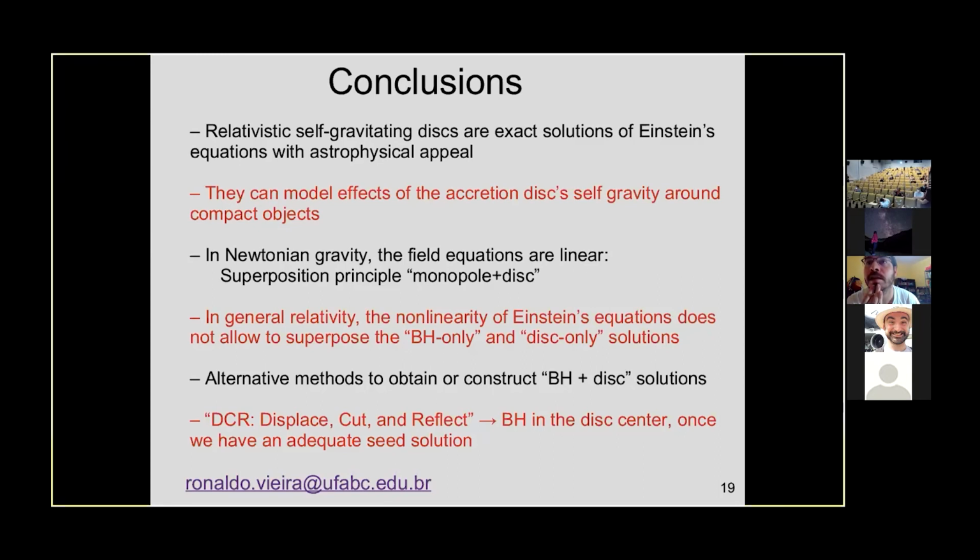Using this approach, gravitational decoupling, you can solve first the pure black hole solution, which is Schwarzschild, and second the pure disk solution. You obtain two solutions, and a simple combination of these two, if the approach works, maybe it's going to give you some new information.